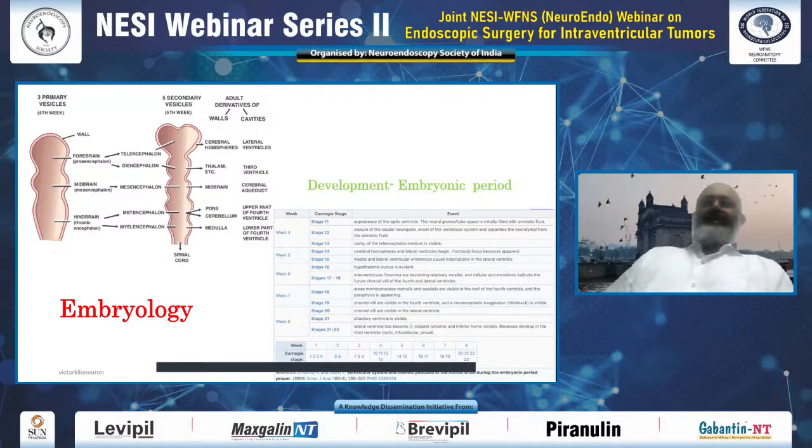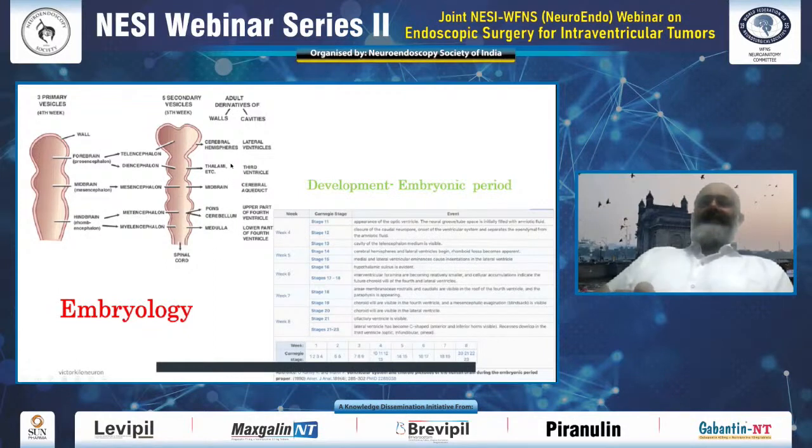Coming back to the ontogeny of the ventricular system, we begin in the 4th week of life with 3 vesicles: the forebrain, midbrain, and hindbrain. By the 5th week, we already have a telencephalon, a diencephalon, a mesencephalon, and the hindbrain expands to the metencephalon and the myelencephalon.